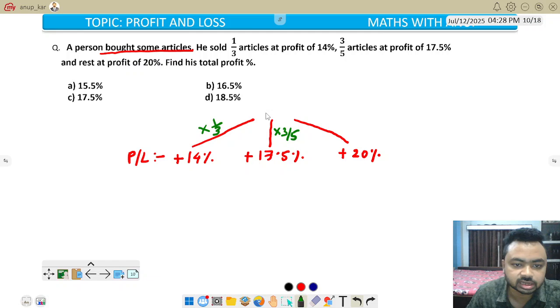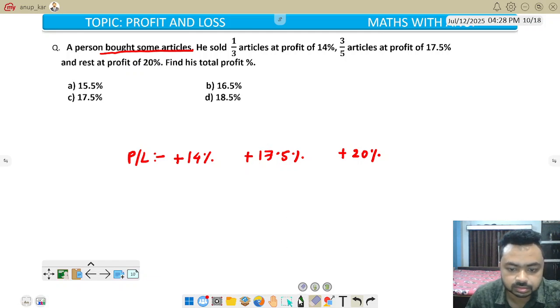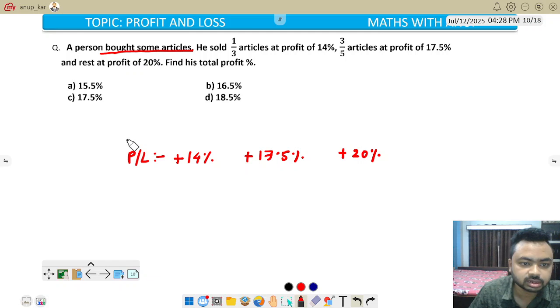Wait, I have to write down the data also, so we'll erase it. Here we will be writing down the data.